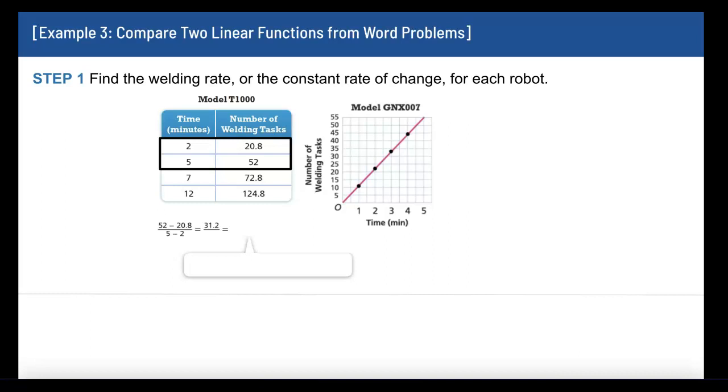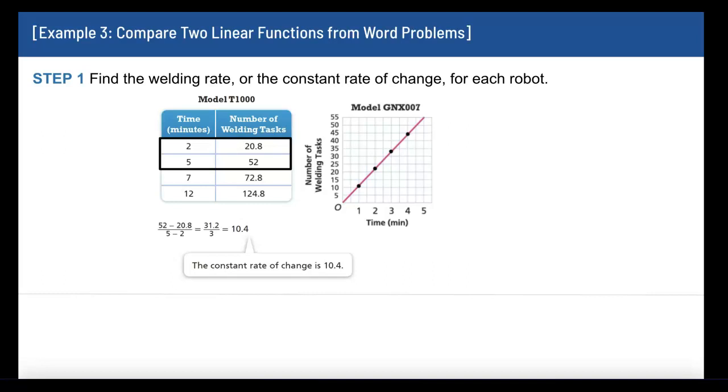Do that simple math, you get 31.2 on top and 3 on bottom. Divide it all the way out and you will get 10.4. So the constant rate of change, or the welding rate for the Model T1000, is 10.4 tasks per minute.